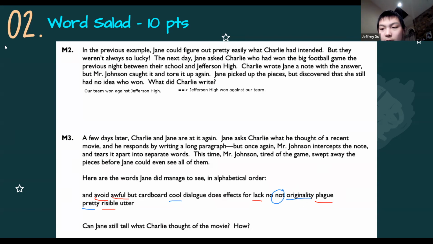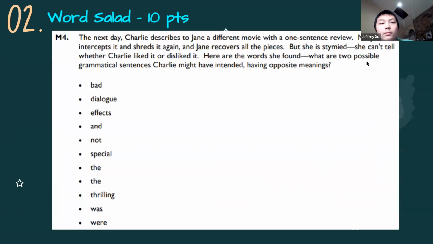And now if we go on to the last section. So the next day, whatever. So here are the words she found. What are two possible grammatical sentences Charlie might have intended that have opposite meanings?